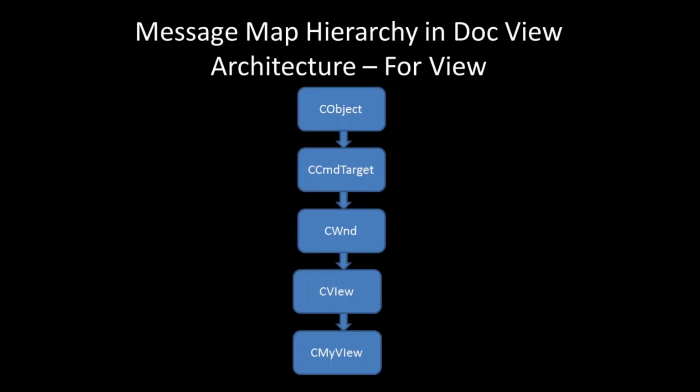If it is not handled in CWnd, it goes to CCmdTarget, and then it goes to CObject, right? So that is the hierarchy. Similarly, if you talk about the document class or CFrameWnd class, for all that there is a specific hierarchy where that particular message will be handled.